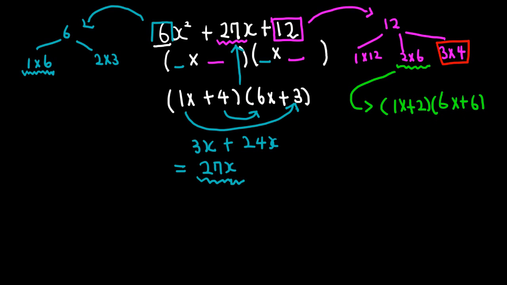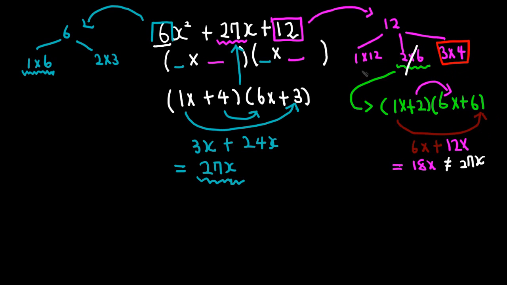But 1x times 6 is just 6x, and then plus 2 times 6x is 12x, which is equal to 18x. But 18x is not equal to 27x, so we can cancel this out.